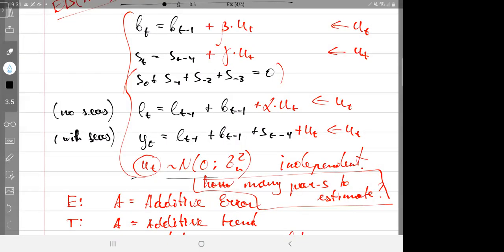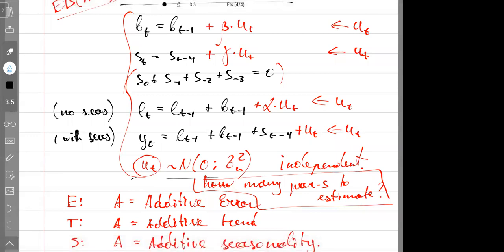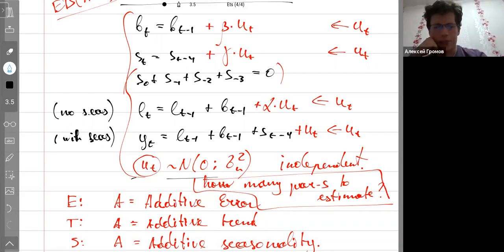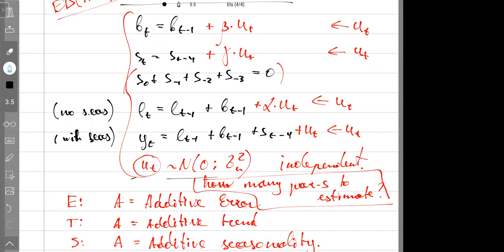No. Without noise, we have 5 parameters. And now we have 8? 10, if alpha, beta, and gamma? So without noise, how many parameters do we have to estimate? 5. Okay. Just count how many new parameters there are.